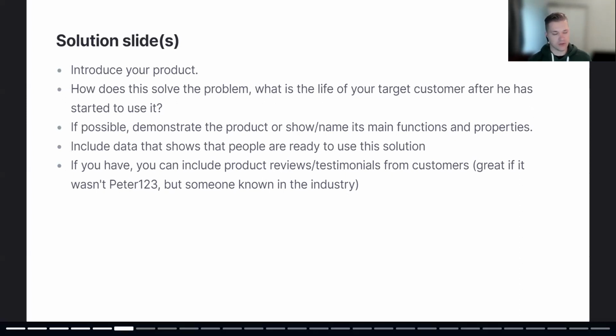If people are spending, let's say, 10 million annually on this issue, probably they would be willing to spend part of that money if you have some kind of solution for it. So if you don't have your own data because the product is not launched, then you find some relevant data that could prove that people are ready to spend their resources on fighting with this problem.